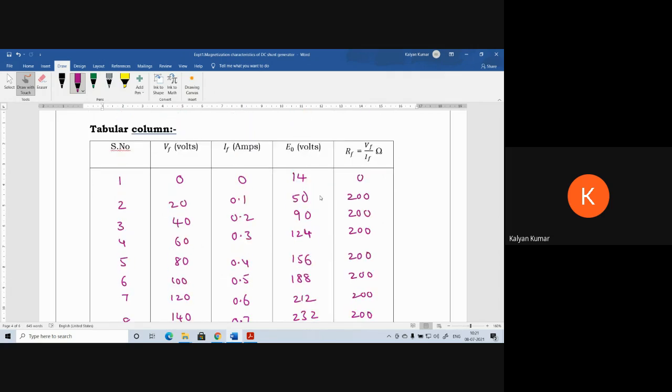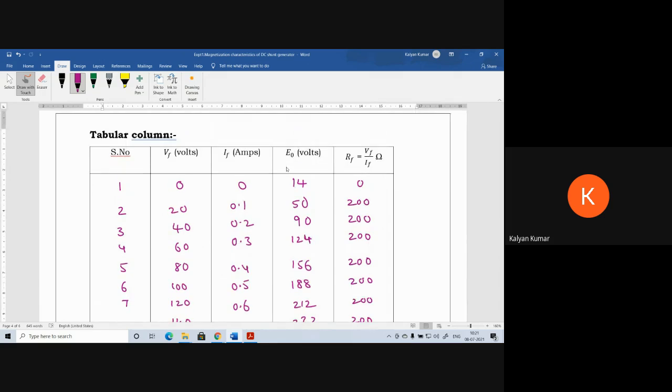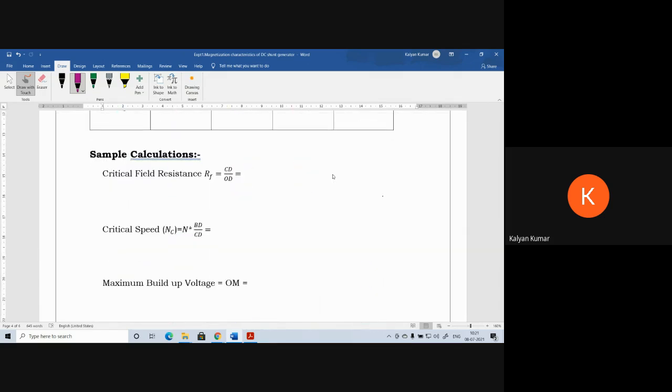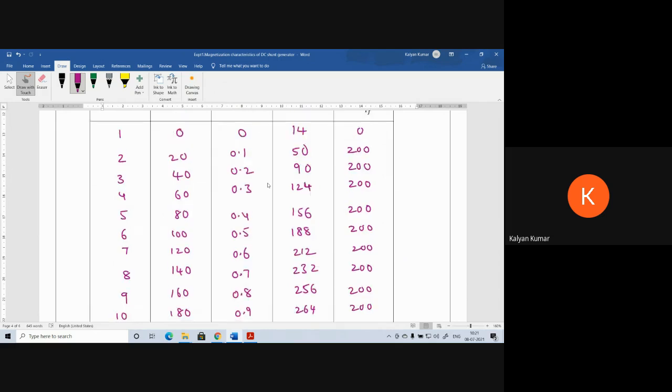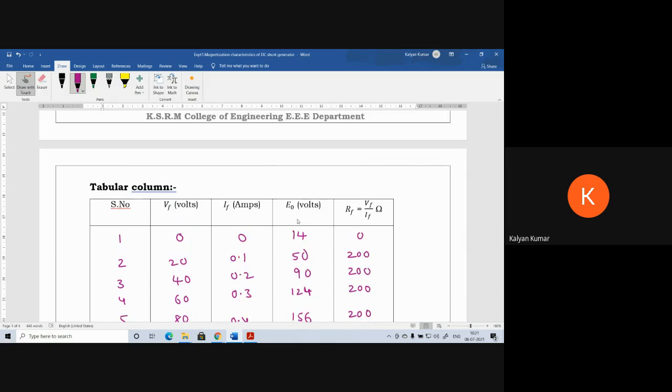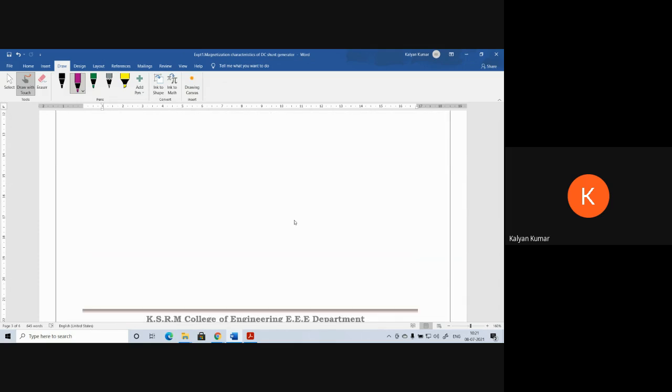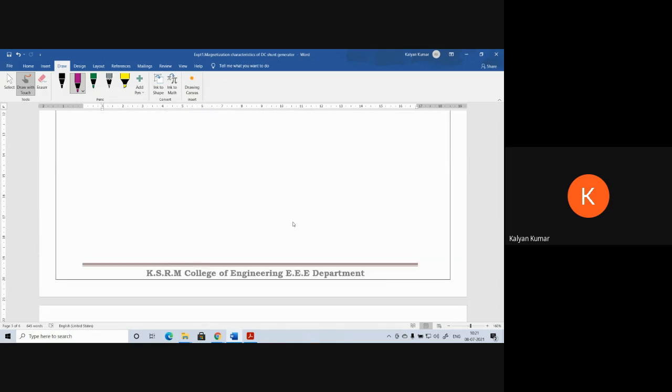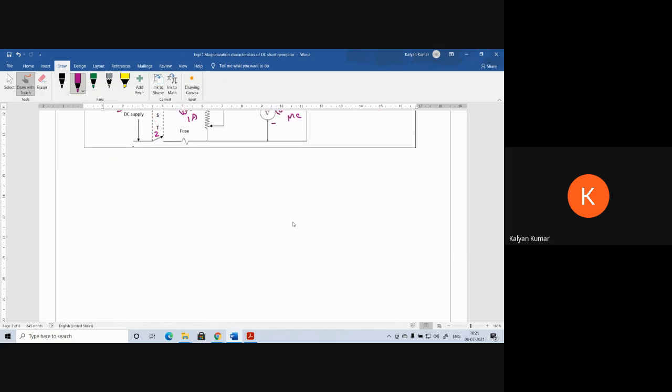Now from these readings, we need to plot the open circuit characteristics and the field resistance line. If we plot between IF and E0, we will get the open circuit characteristics.